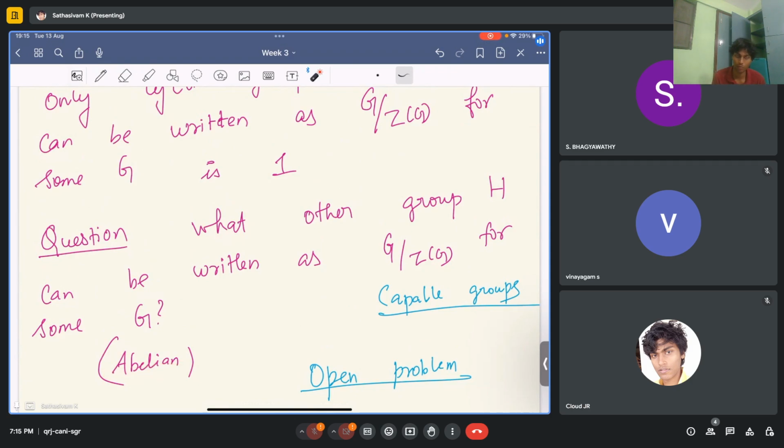But is there any other group? What about the groups which are not abelian? Although, if you look here, this is a very trivial looking statement, right? Once you know what a quotient group is, I can state the question.